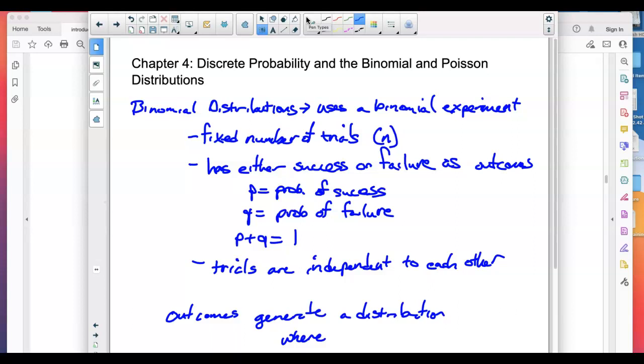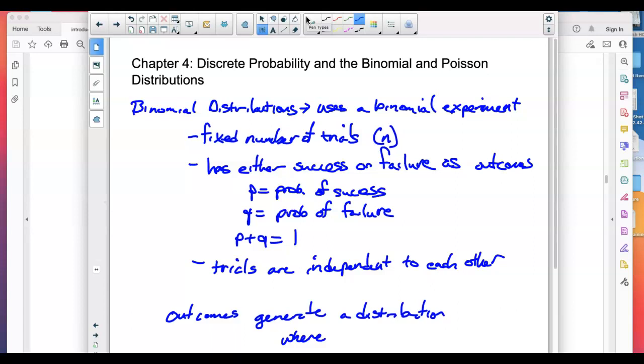So both of these are going to be countable, meaning that the numbers we use in the x value of the chart are countable. Each one will have a probability. So when we graph this, it would look like a bar graph in each of these cases, because each value would have its own probability.